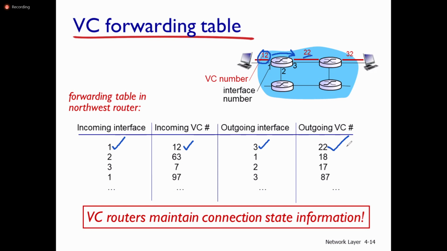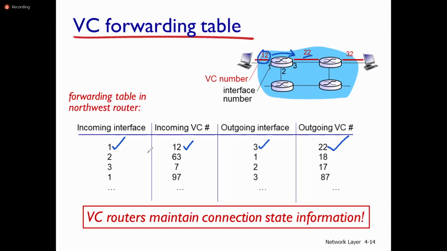Whenever the router hands over that packet to another interface, the virtual circuit number for that link also changes. Here the incoming interface is 1, the packet's virtual circuit number is 12, the output port is 3, that is the outgoing interface, and the corresponding virtual circuit number is 22.